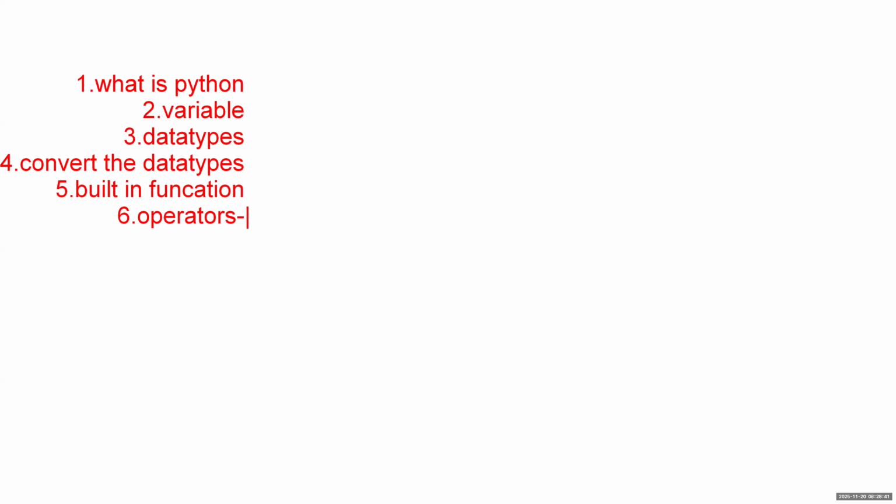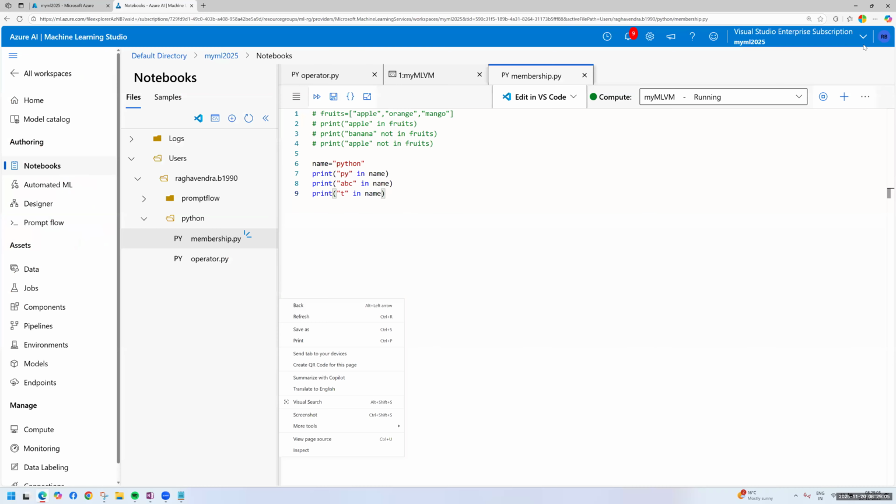In operators we covered arithmetic operators, next comparison operators, next identity operators, next membership operators. Now the seventh one we are discussing is conditional statements. What are the conditional statements? Can anyone tell me, guys?